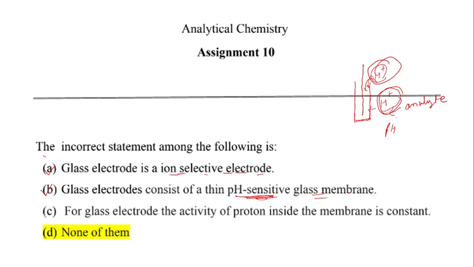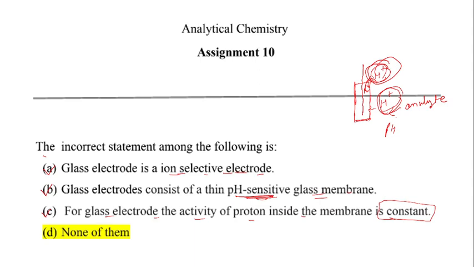Then statement C is, for the glass electrode the activity of proton inside the membrane is constant. Yes, because this inner solution concentration always remains constant. The concentration of proton inside is constant.